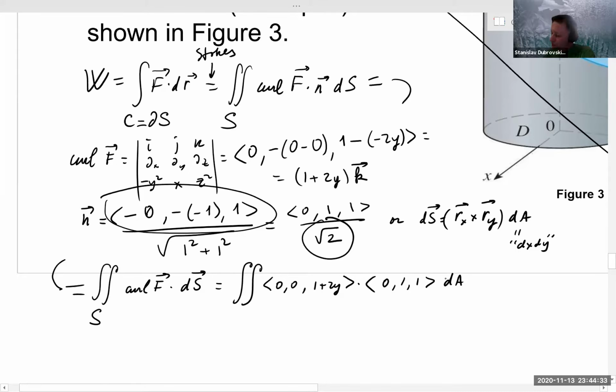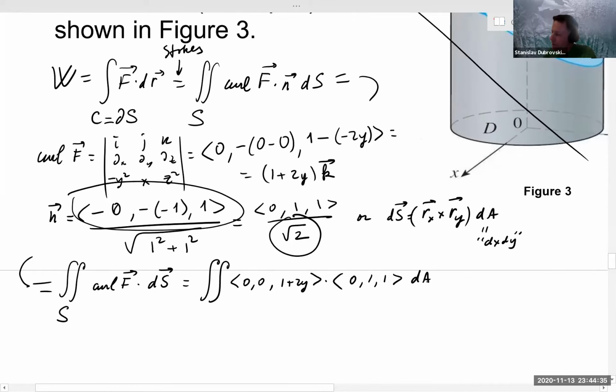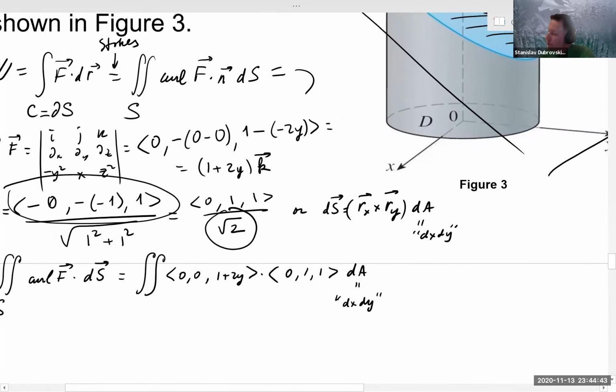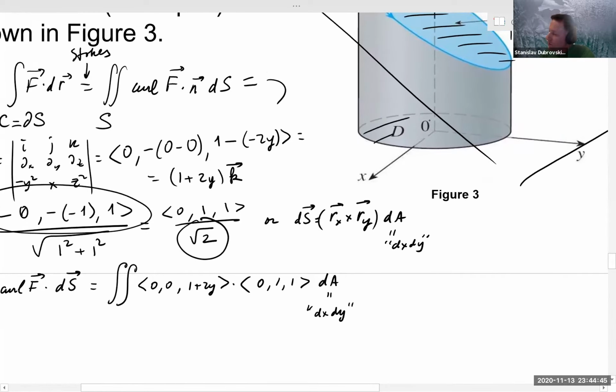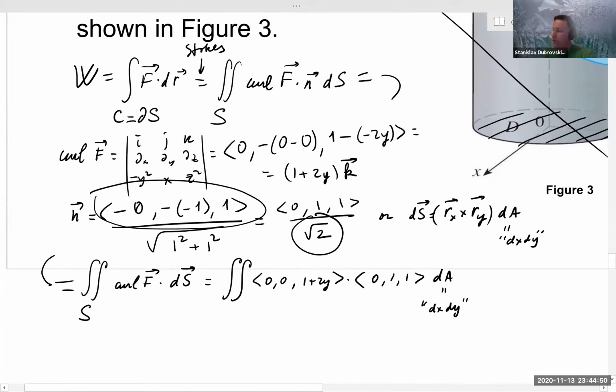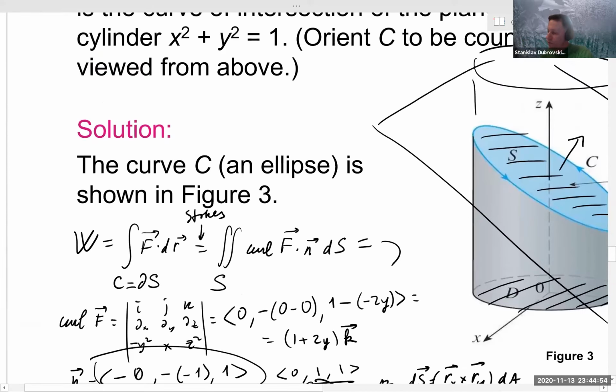Now what is the xy region? Since now we are doing everything in terms of xy coordinates, we're looking for the region in the xy plane. That's of course whatever is outlined by the cylinder. And what kind of cylinder is that?